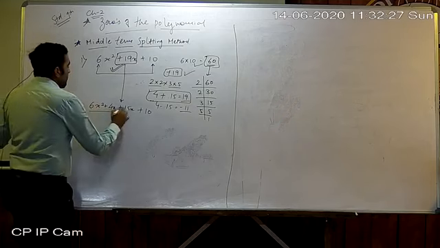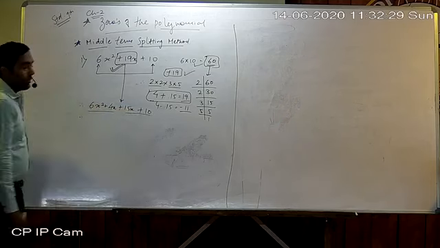So the next step is to split into two groups, the first two terms and the last two terms. From the first two terms, which number do you take common?